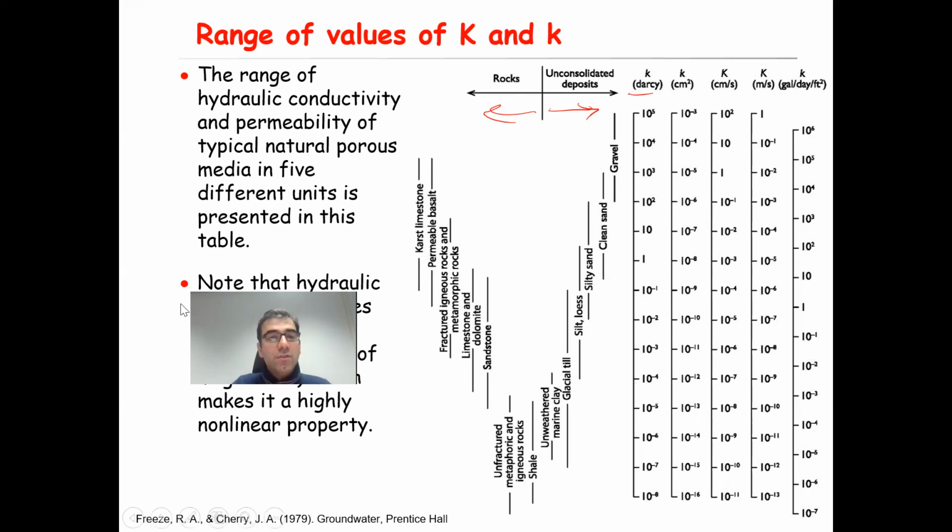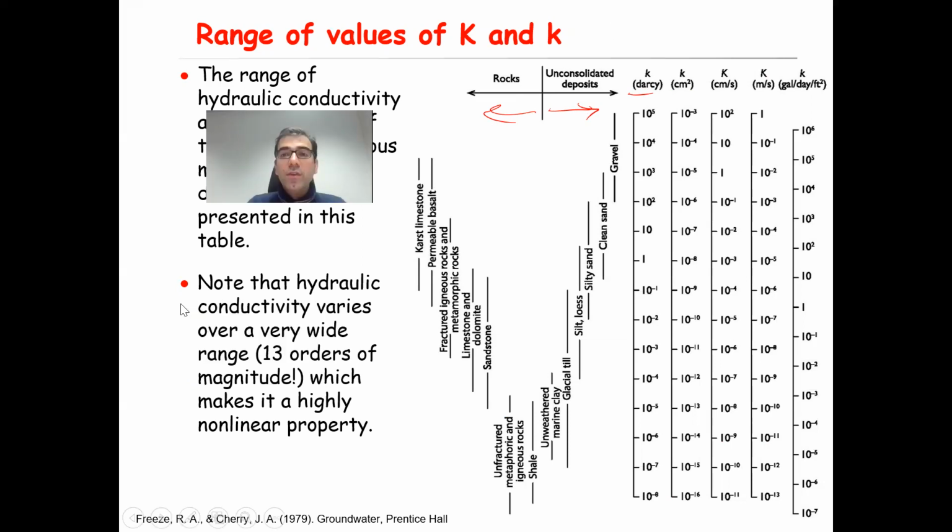What is interesting to highlight is the wide range of variation of the permeability. As you can see, hydraulic conductivity or permeability changes by something like 13 orders of magnitude, from 10 to the power of 2, if expressed in centimeter per second, to 10 to the minus 11. So 13 orders of magnitude.